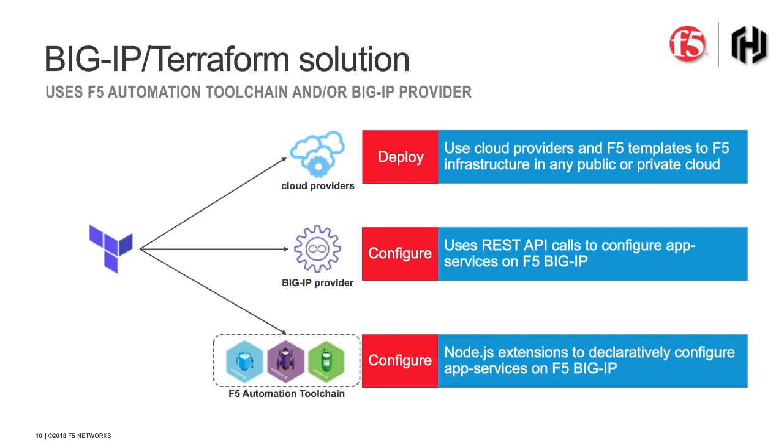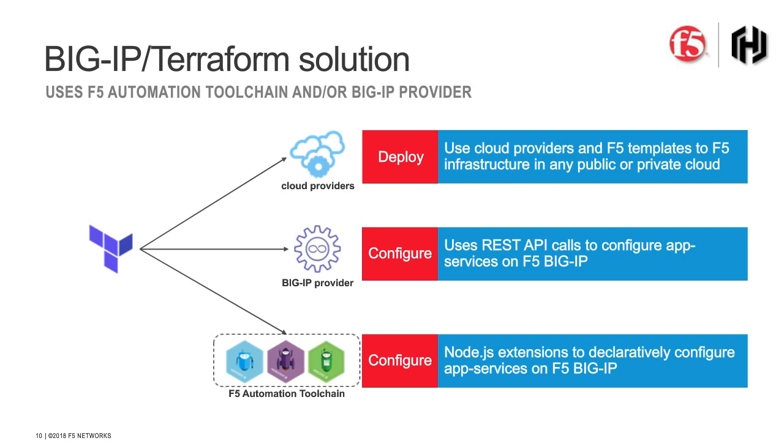The BIG-IP provider is already integrated with Terraform. So today, if you download Terraform and you start writing your TF file, it will download the binary accordingly for BIG-IP, right? And we do have the AS3 resource as well, which is supported on the BIG-IP provider. The last piece is the F5 automation toolchain, with which you can configure those services on BIG-IP as well.